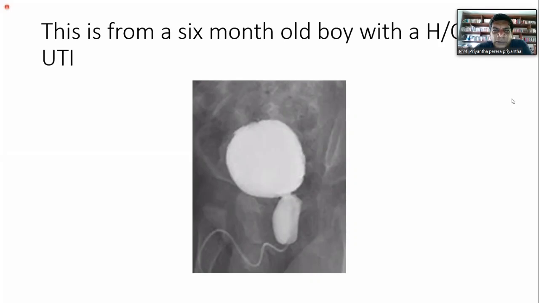Predisposed to infections, due to stasis of urine in the bladder. Stasis of urine always predisposes to urinary tract infection. Right? So those are the things that you look for in the MCUG.